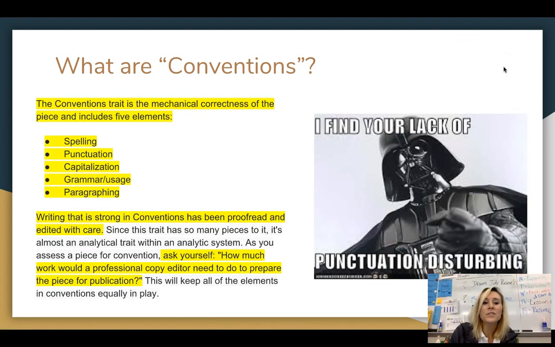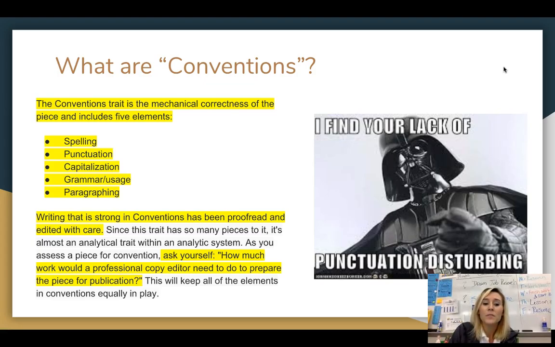So, conventions are the traits and mechanical correctness of the piece and include 5 elements: spelling, punctuation, capitalization, grammar and usage, and paragraphing. Writing that is strong in conventions has been proofread and edited with care. Since this trait has so many pieces to it, it's almost an analytical trait within an analytic system.